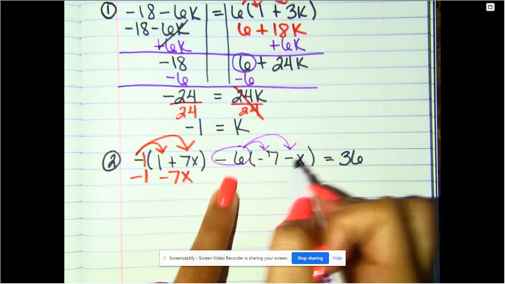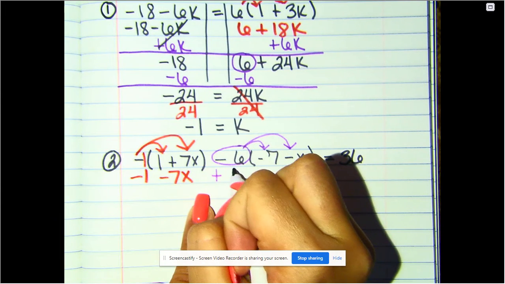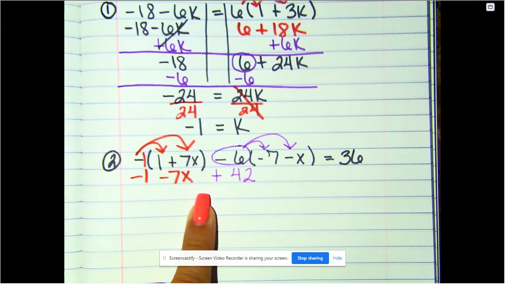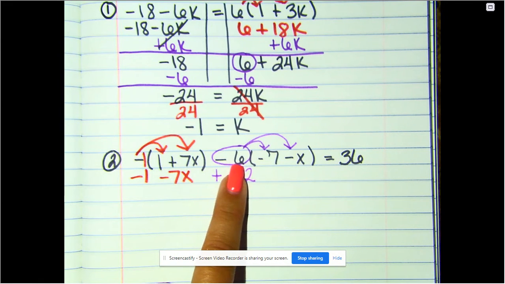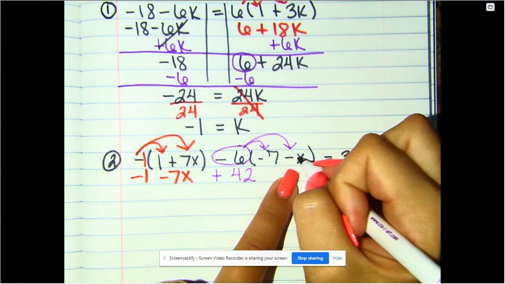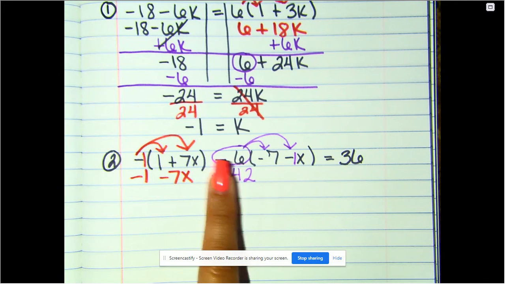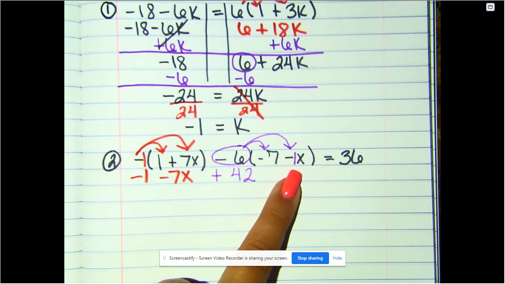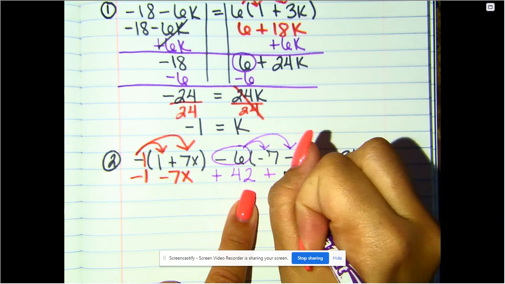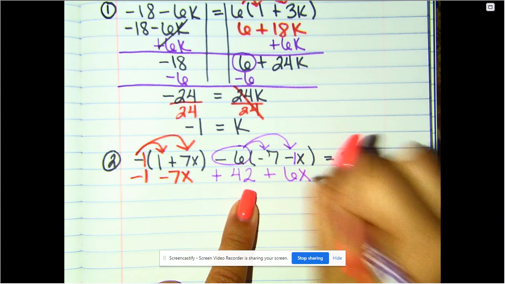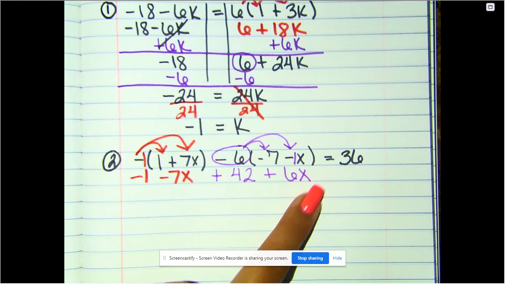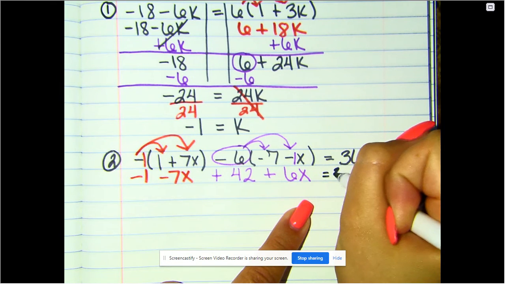Okay, negative times a negative gives me a positive, and then the answer there is 42. The next section is I have negative 6 times a negative x. Again, invisible coefficient in front of there. It's really negative 1. Negative 6 times a negative 1 is a positive number, and that's positive 6, and don't forget the x on it. Okay, and then that is equal to 36.